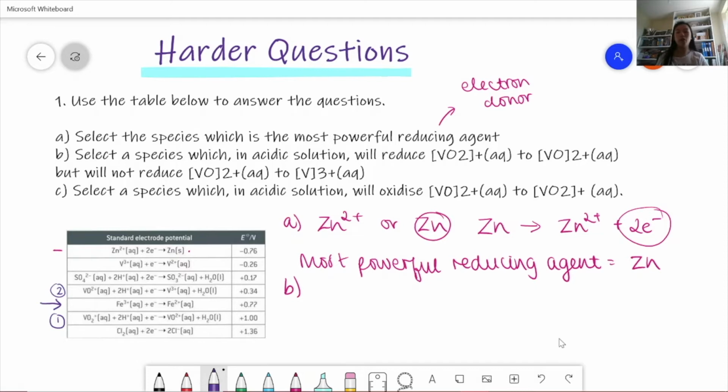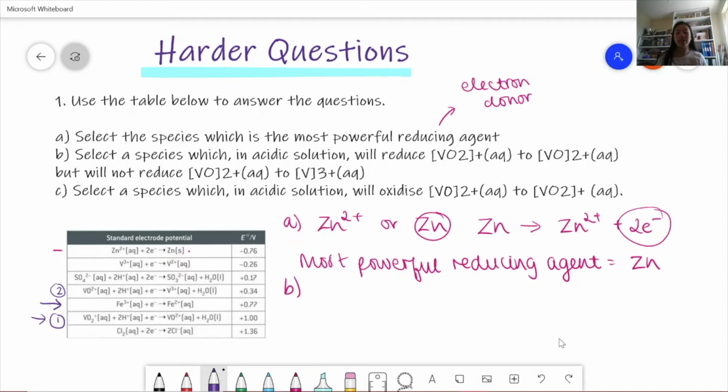And so now we pick one of the equations. I'm going to look at the first equation, the standard electrode potential which is underneath the Fe3+/Fe2+. Now that one is being reduced. So that means that the VO2+ ion is gaining the electrons, like how they've written it in this equation.